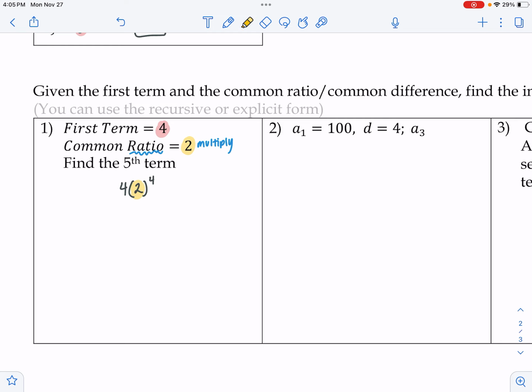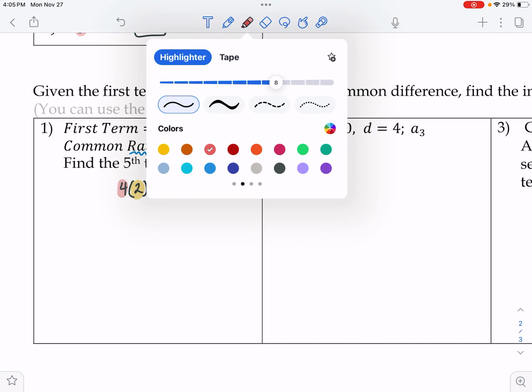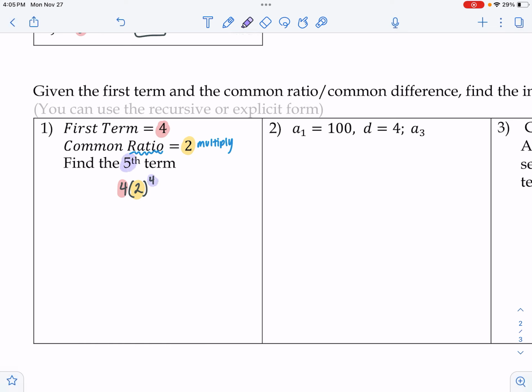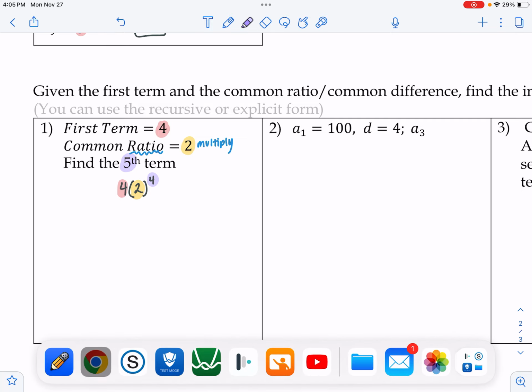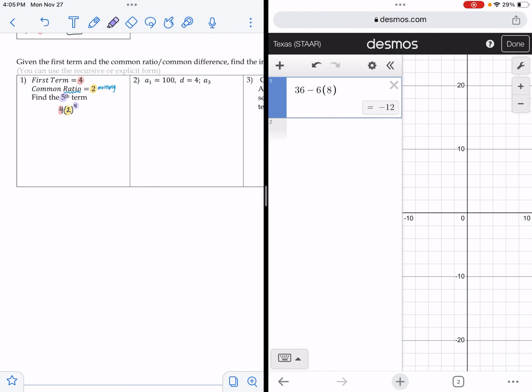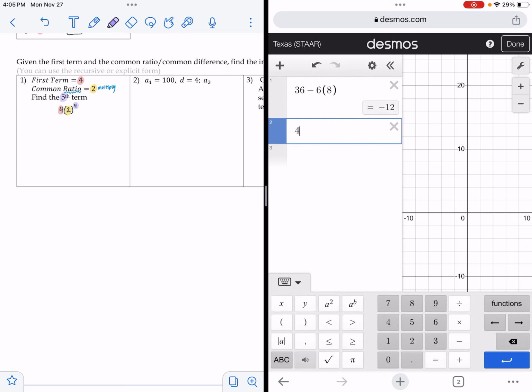So the 2 is the common ratio, 4 is the first term, and to get to the 5th term, n minus 1 would be the exponent. I think that's 64. It is.